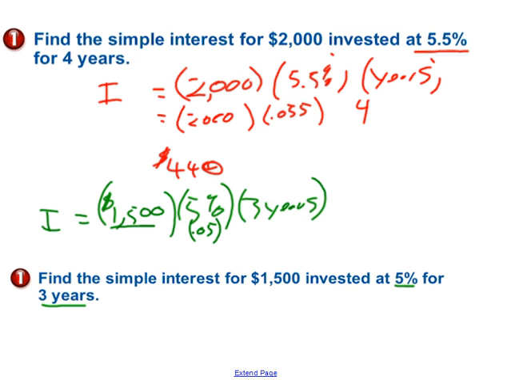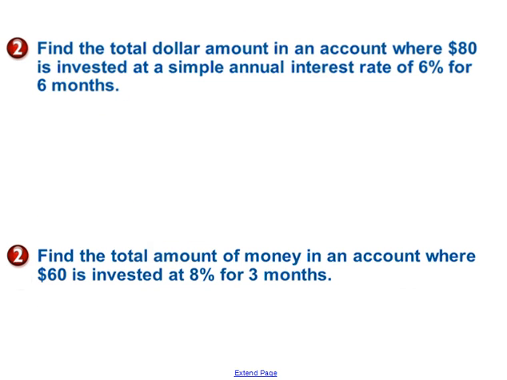I need that in decimal form, times 3 years. I'm going to turn to my calculator to do that. So it's $1,500 times 0.05, which is equal to $75, times the number of years, which is 3 years, and that would be $225. So this equals $225 of interest paid on that investment.